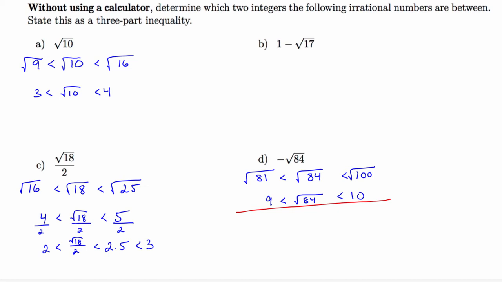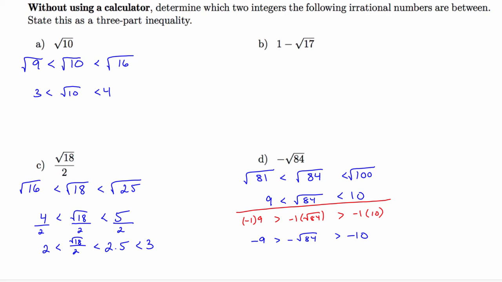One of the rules we hopefully remember is, if you take an inequality and multiply all parts by negative 1, not only does it change the signs, but it also has an impact on the inequalities. So if I need to state this as a three-part inequality, I need to say that negative 9 is greater than negative root 84, which will in turn be greater than negative 10.